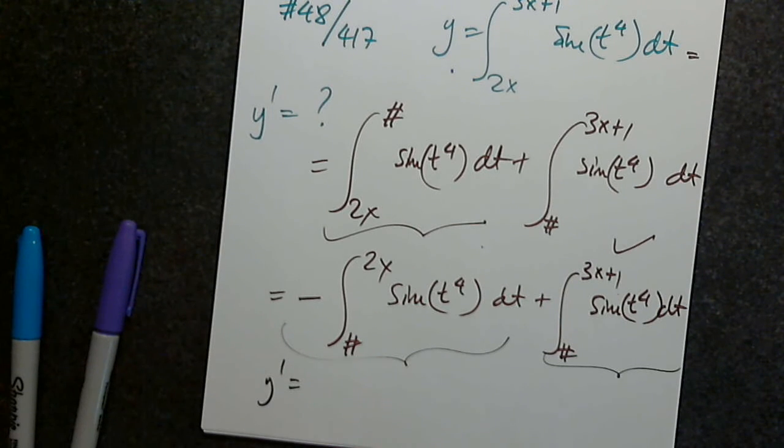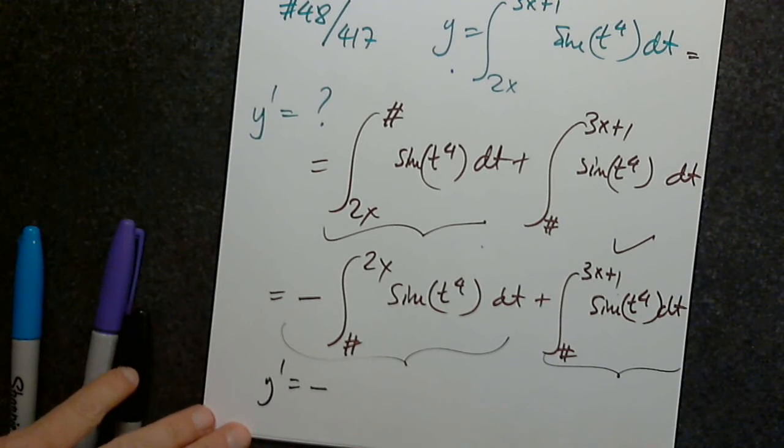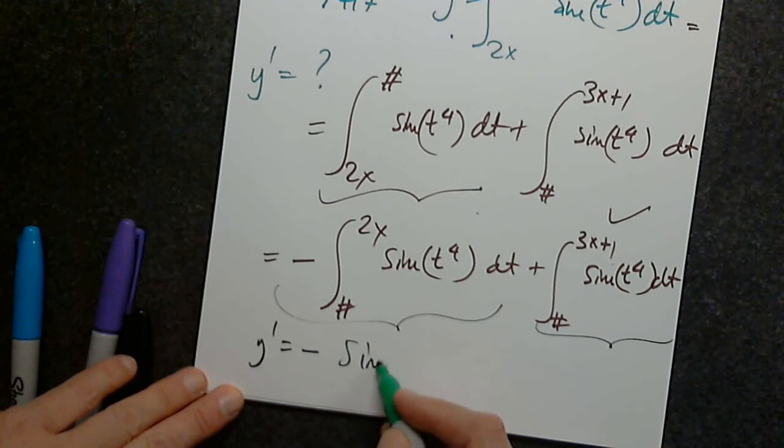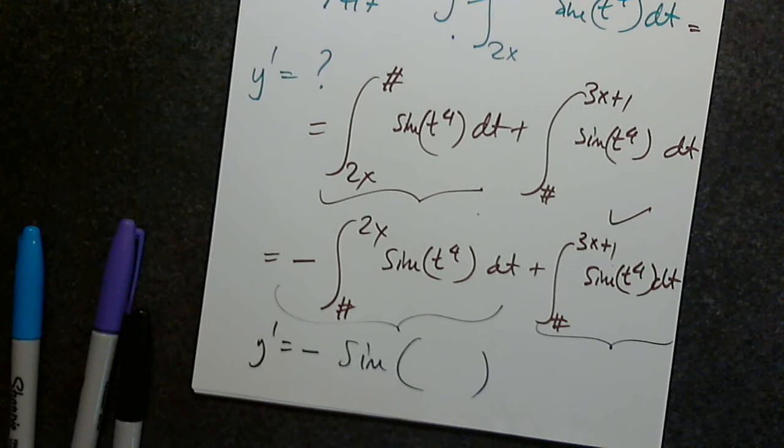So when I differentiate a sum, I get the derivative of the first piece plus the derivative of the second piece. So what do I have to write next? I copy the negative sign. I copy sine, but what do I have inside?